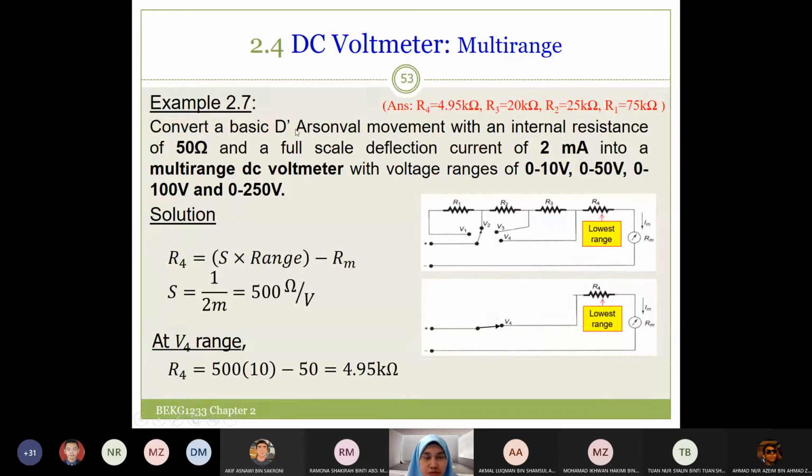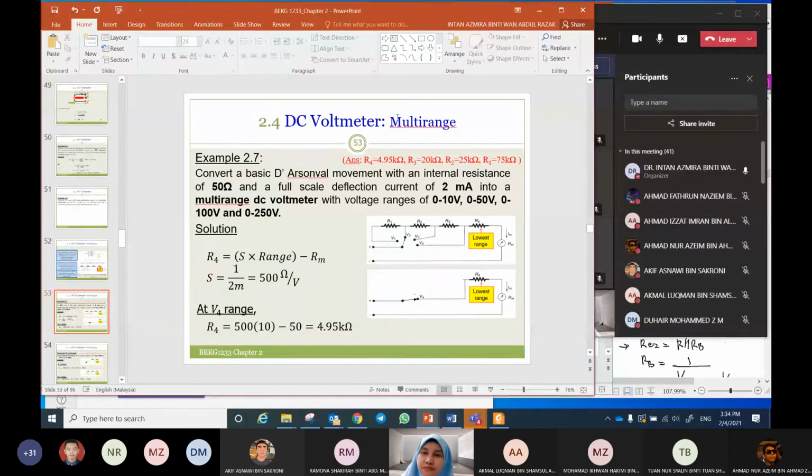We want to convert the basic PMMC into a multi-range DC voltmeter with voltage ranges as here. So how to convert a basic movement or a basic PMMC into a voltmeter? How?